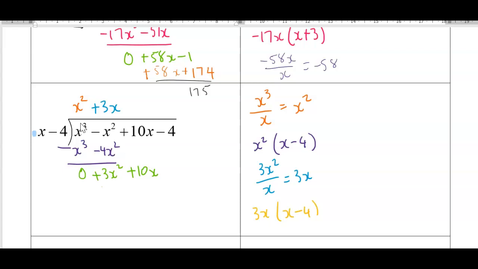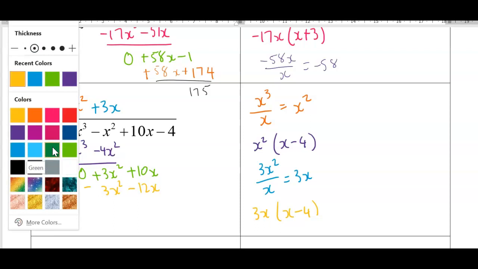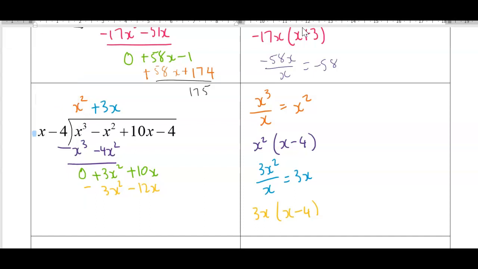That gives me 3x squared minus 12x. Subtract them. So we get 0, 10 plus 12 is plus 22x. So I should put a line there and bring that negative 4 down.